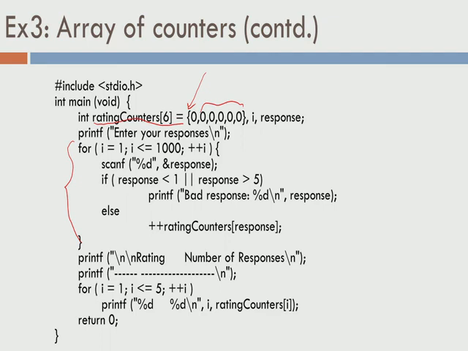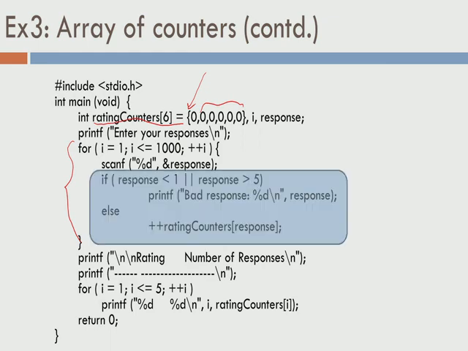So at this point we are scanning 1000 responses, and for each user or each student we are going to take a response, and we are first of all going to check if the response is less than 1 or if it's greater than 5. These are invalid responses. I said the ratings have to be from 1 to 5 as integers.